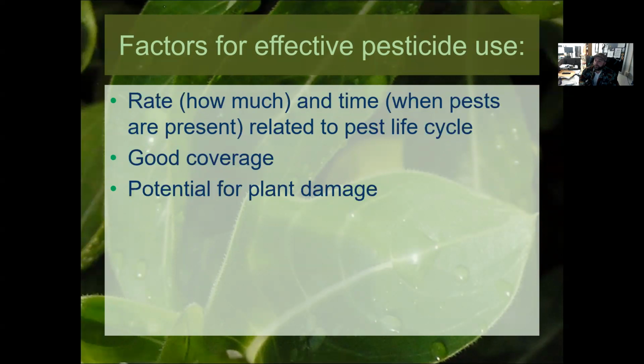If you're forced to use the same thing over time, you want to make sure you're pretty diligent on keeping up with that schedule. But beware of resistance and that insect becoming totally resistant over time.